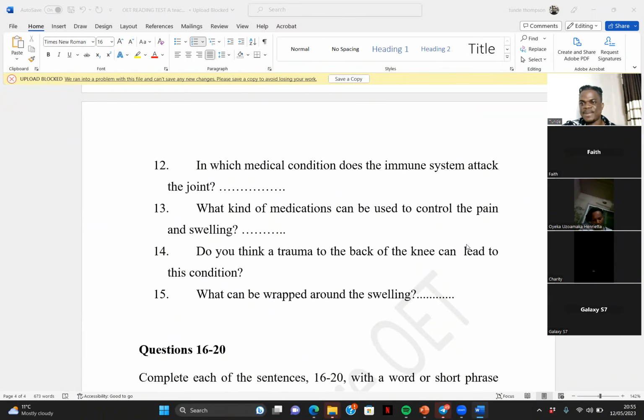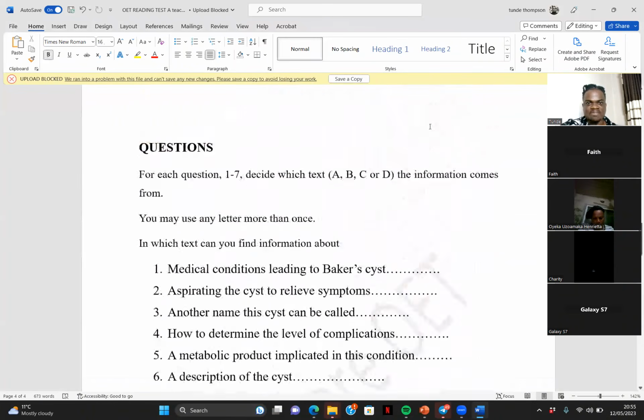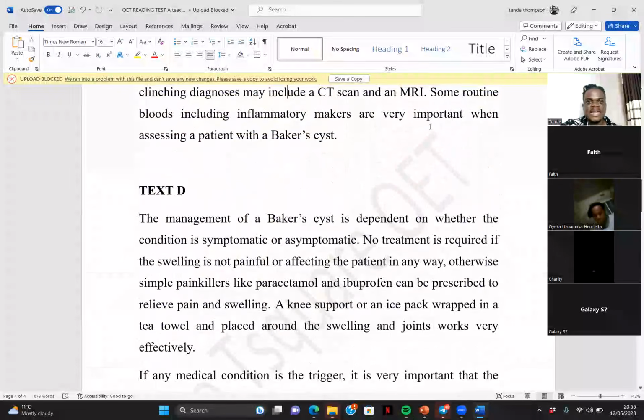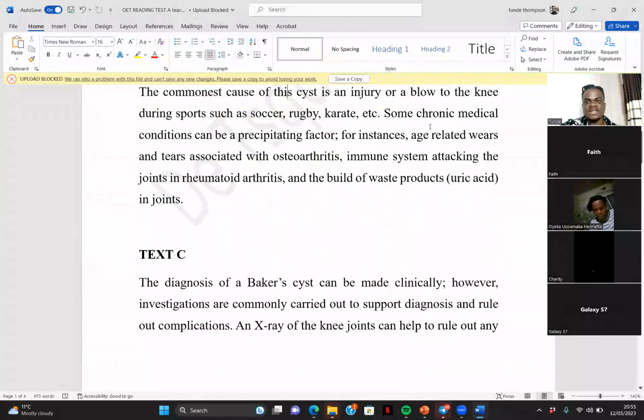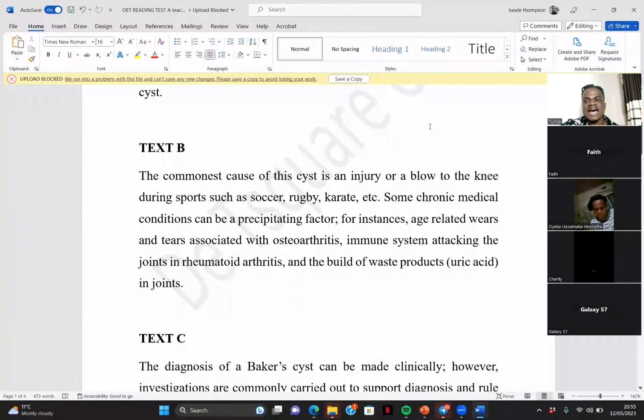So it will be under B, where the text is talking about the causes. If we go back to our text B, that's where it can't be sure, because they don't blow things out for you just like that. They will know if you actually understand English. They said trauma this time around. Now they said the commonest cause of this cyst is an injury or a blow to the knee.